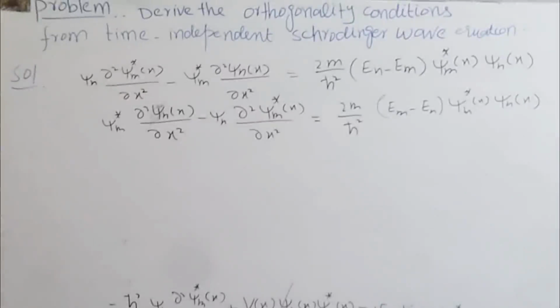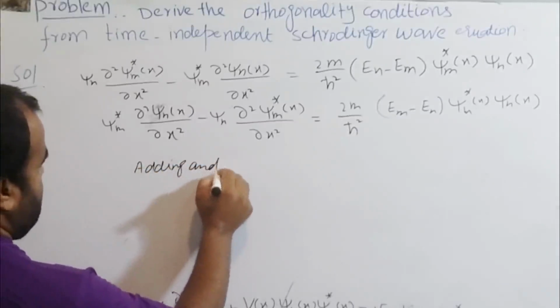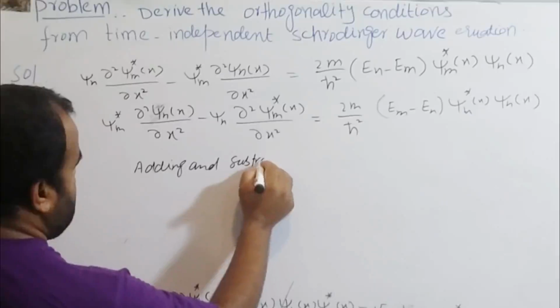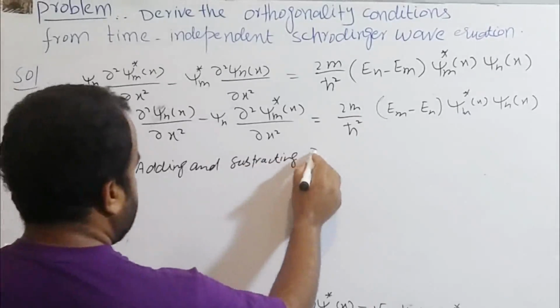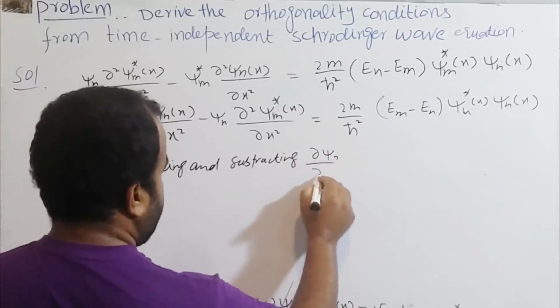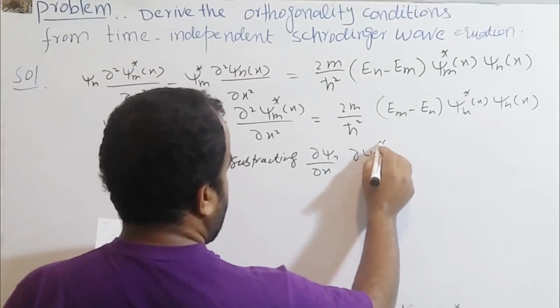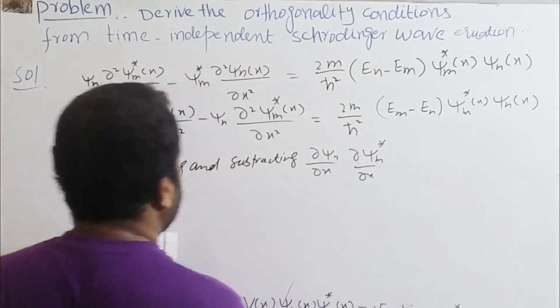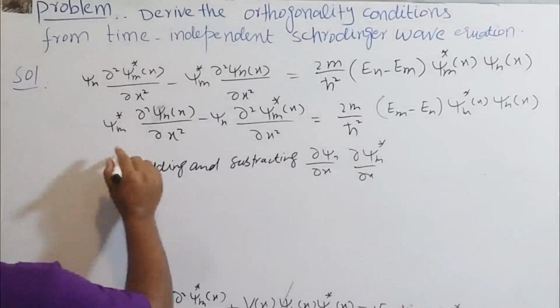So now we add and subtract. We are adding and subtracting ∂ψn divided by ∂x and ∂ψm* divided by ∂x on the left hand side.